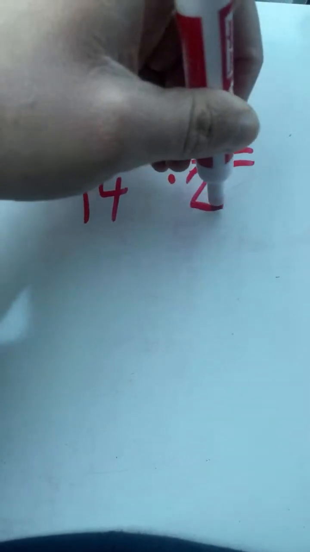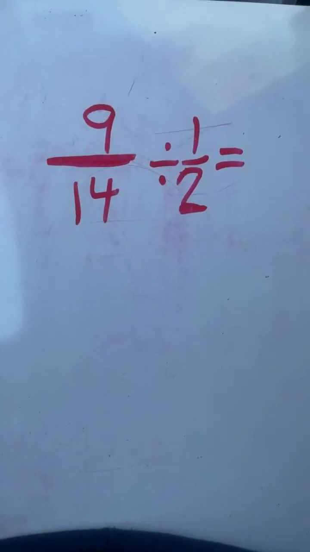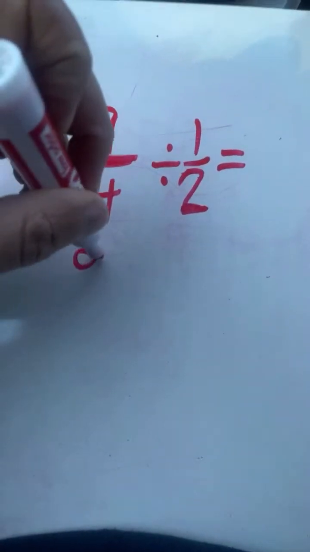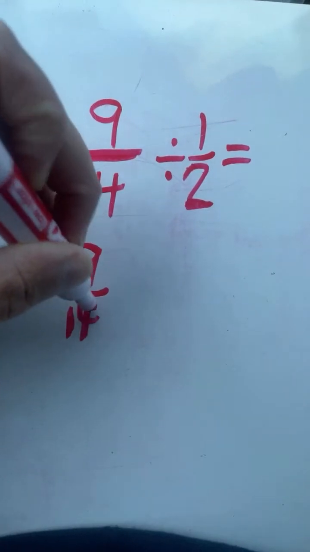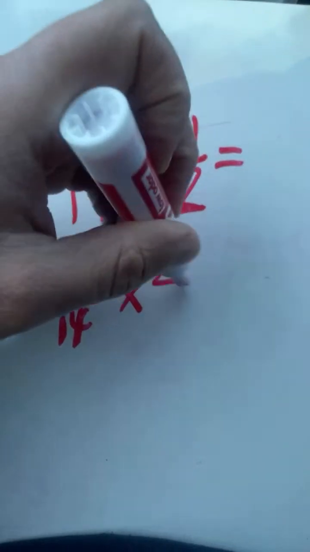Nine 14ths divided by 1/2 equals. And here's how we figure out if it equals. Step 1, we keep. Step 2, we change. Step 3, we flip.